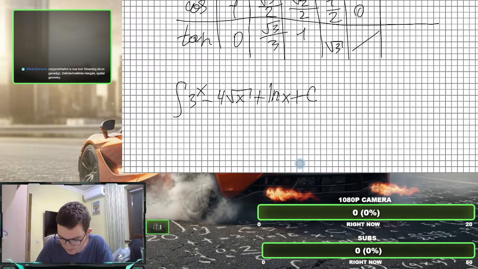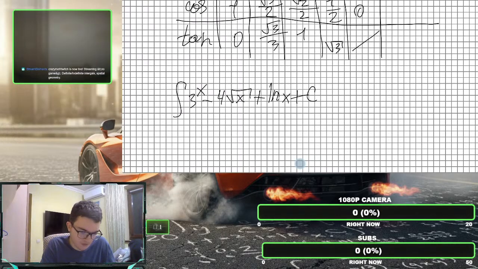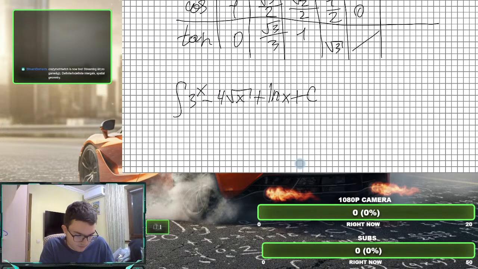Oh, actually, if it's plus c, it's already integrated, right? So I should understand from which primitive it got it, and I don't know exactly how to do it. Hold up, let me understand.